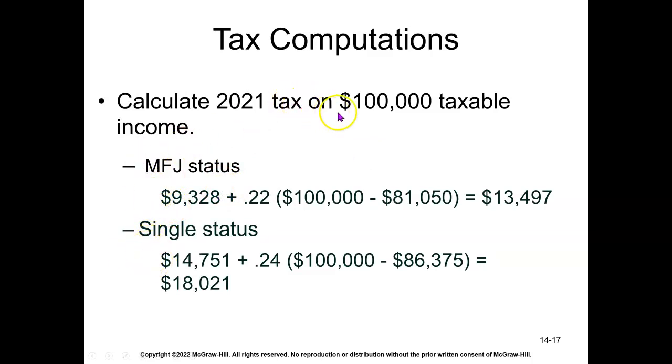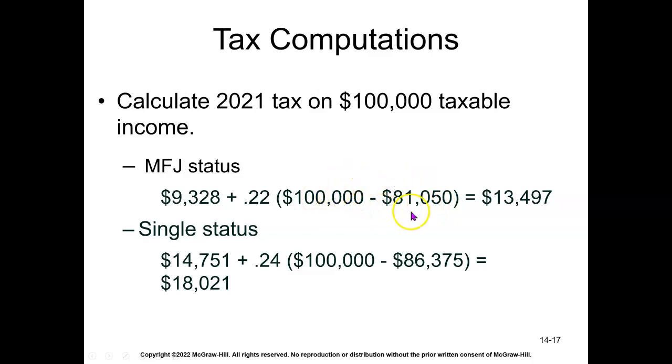If you had, let's just assume, $100,000 taxable income, and you say, well, would that make a difference? Yes. If you're married filing jointly, you'll use that formula, and the way the formula works, it says basically up to a certain amount, you start with $9,328. Then you add to that 22%, and that's again just based off of what's in that formula in the book, multiplied by the difference between where you're at and the base amount.